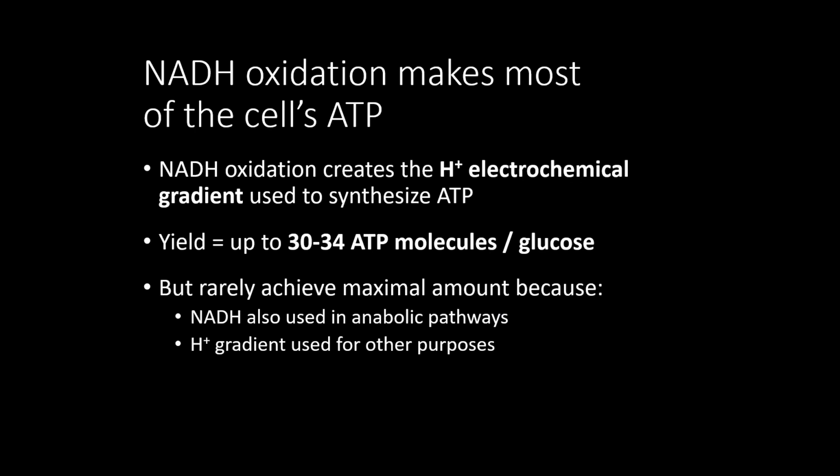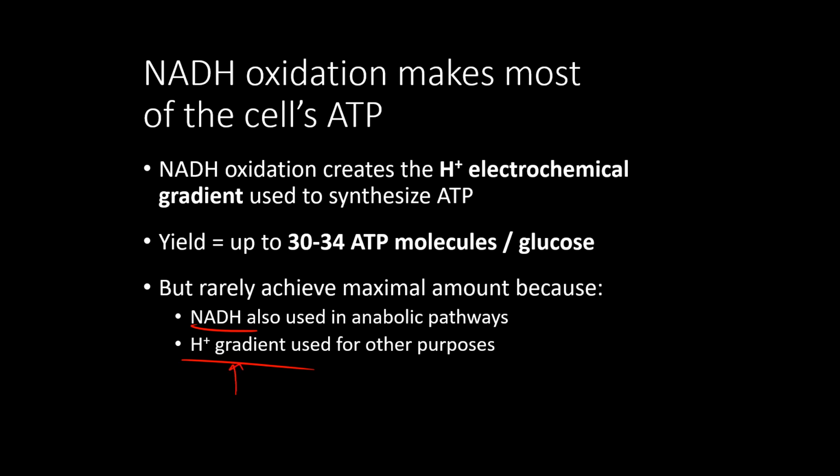All right, so if we do a quick summary now of all of the yield of it all, we get to about 30 to 34 ATP molecules. All right, so let's do a quick summary of this. Oh, and by the way, we would say it's rarely achieved. The maximum amount of ATP is rarely achieved because there are other things that NADH does, and there's other things that that proton gradient does, right?